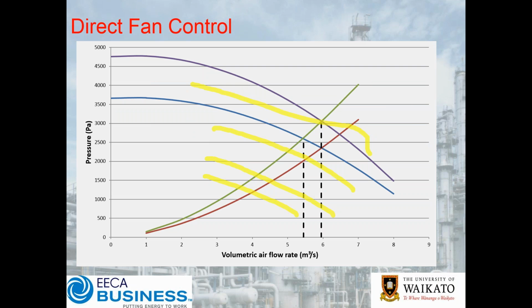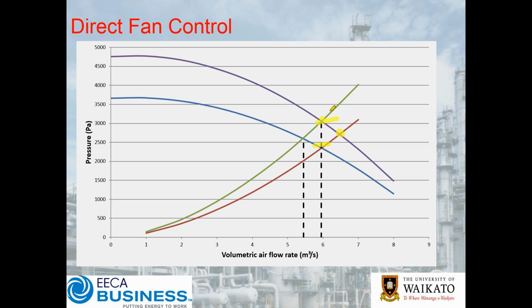Now what we can also do is, if we use our dampers either upstream or downstream of the fan directly, what we're doing is adding a pressure drop into the system, which means we are changing the system curve. Okay, and so what that really means is you're going to move from this point here to this point here.